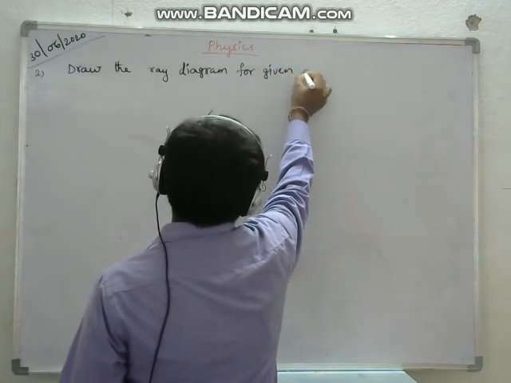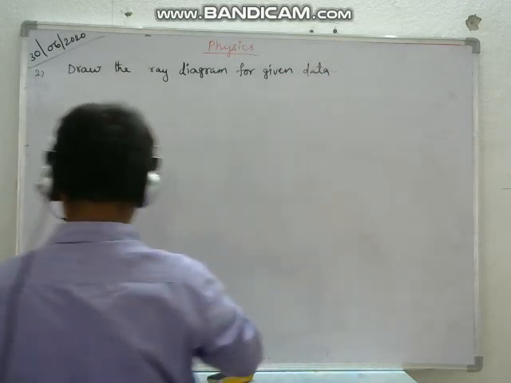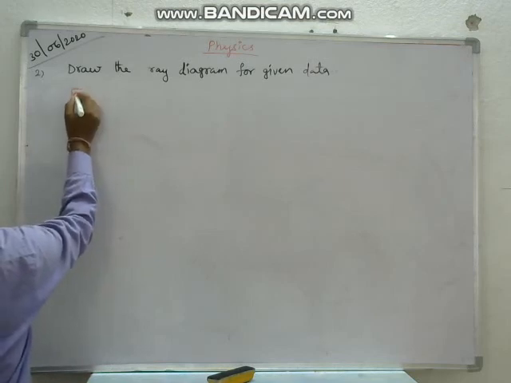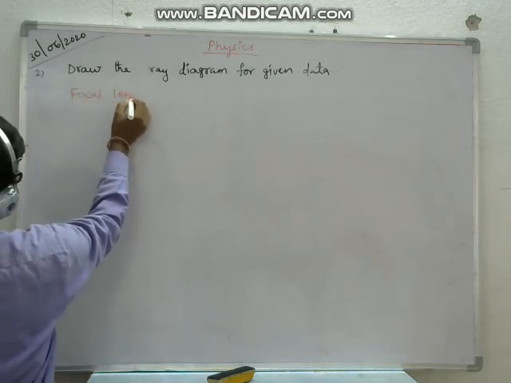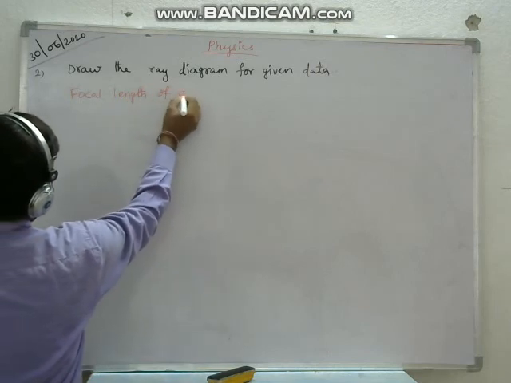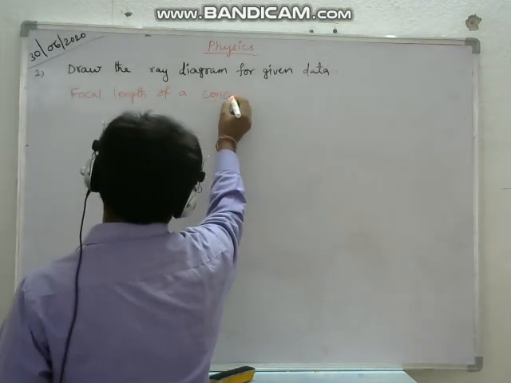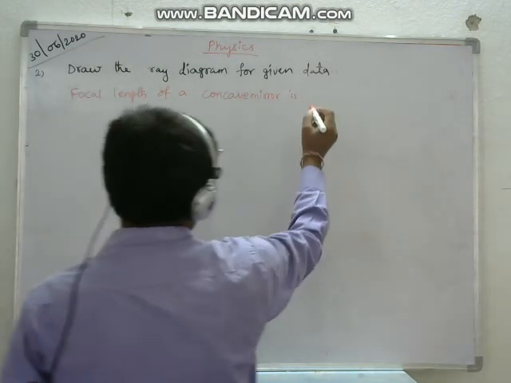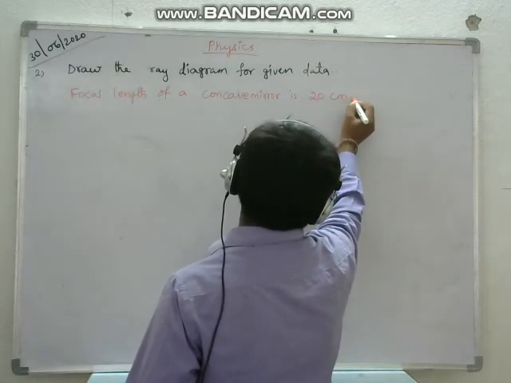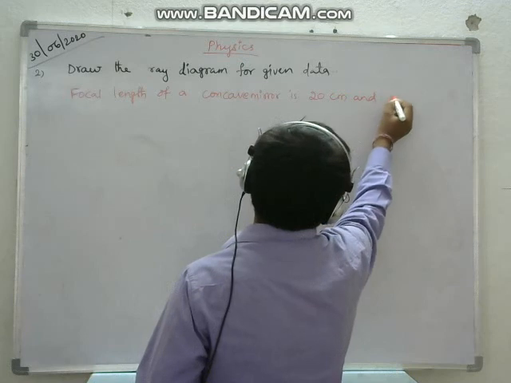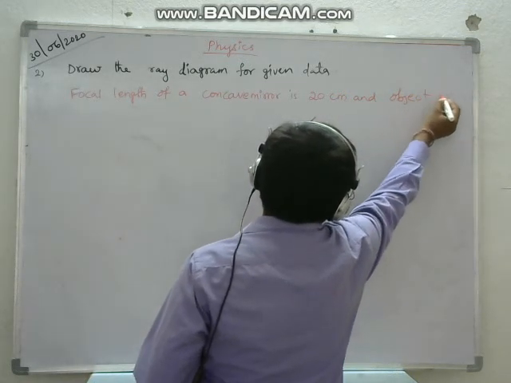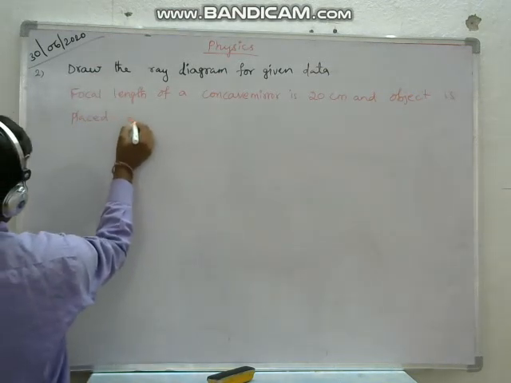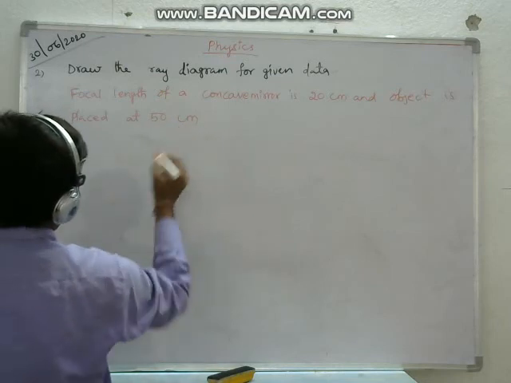For the given data, the focal length of a concave mirror is 20 centimeter and the object is placed at 50 centimeter.